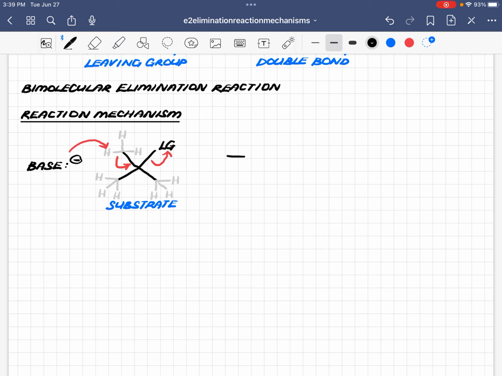So in the end, we get an alkene plus some leaving group here.